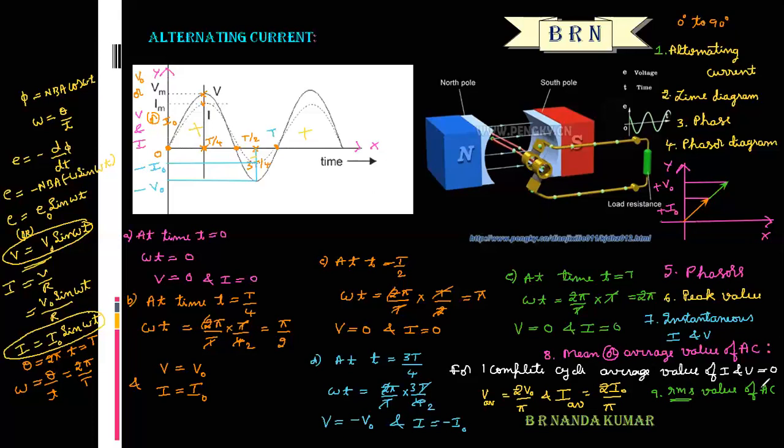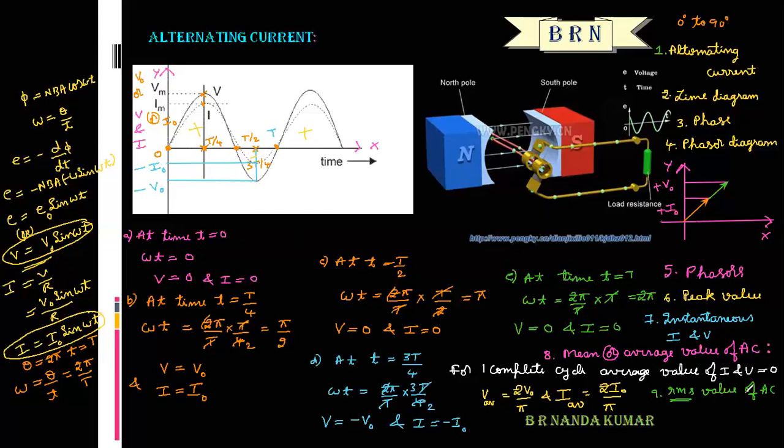RMS value of AC means the square root of mean of square of its value during a complete cycle. That is the RMS value of alternating current. Average value, that is measured over half cycle. Average value of alternating current measured over half cycle.